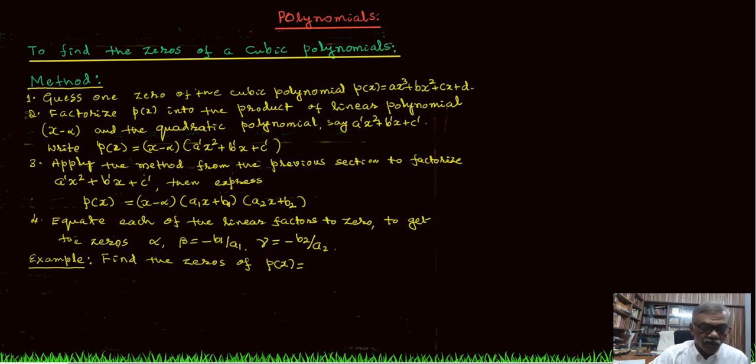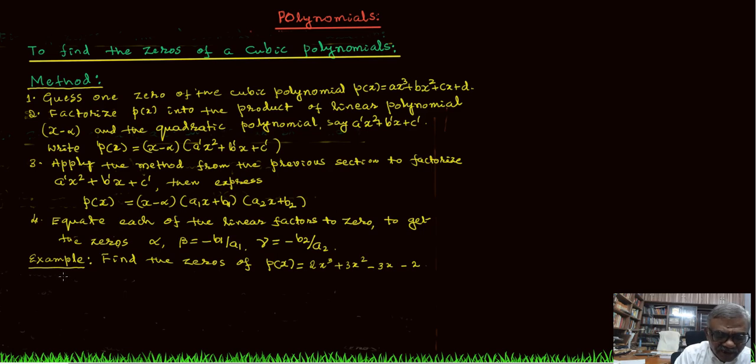And now I am going to consider an example. Find the zeros of the polynomial 2x³ + 3x² − 3x − 2.